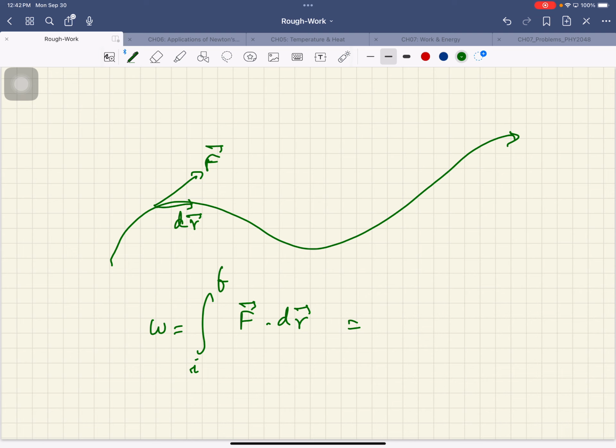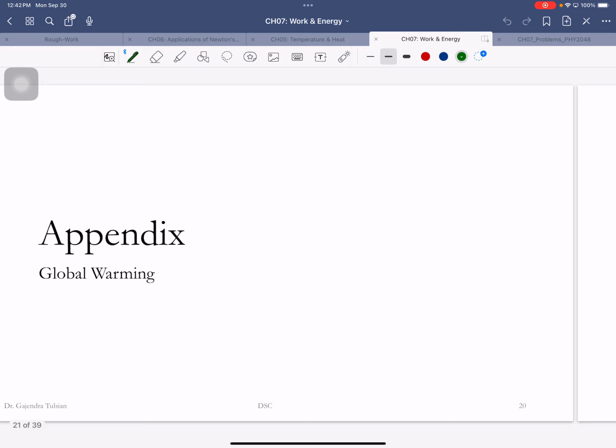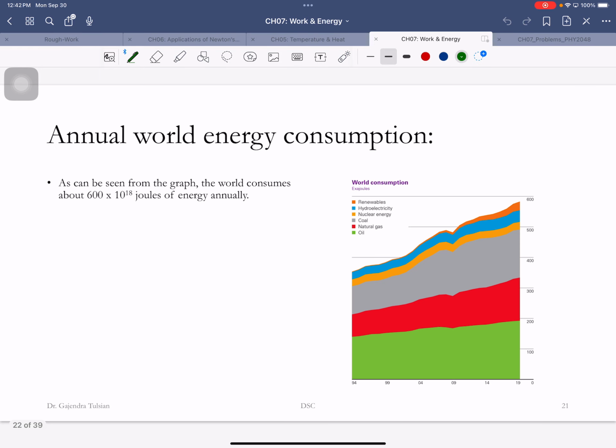So you learned how to calculate the work done by a force in the most general case. Now today, what I'll do is a little bit of extra information, but it's important information for you guys. The numbers are really very fast moving in this field.